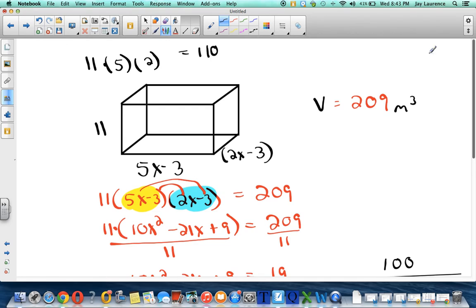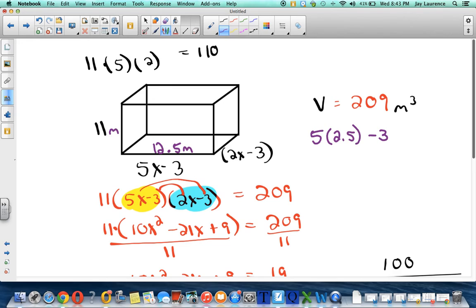So I'm going to do 5 times 2.5 minus 3. And let me see, 5 times 2.5, I think is going to be 12.5. Is that right? Well, I'm really tired. 5 times 2.5. Yeah, 12.5. So this is going to be 12.5 meters.